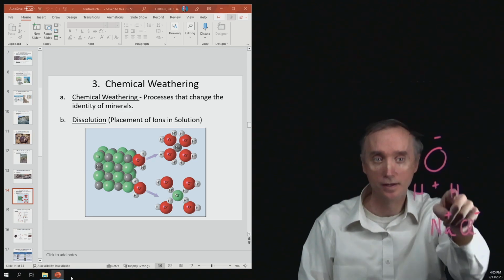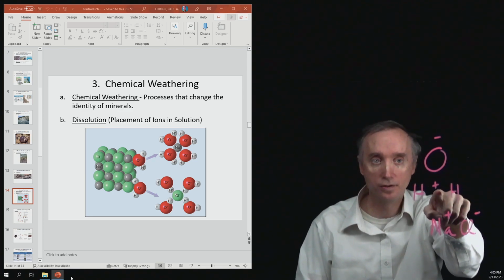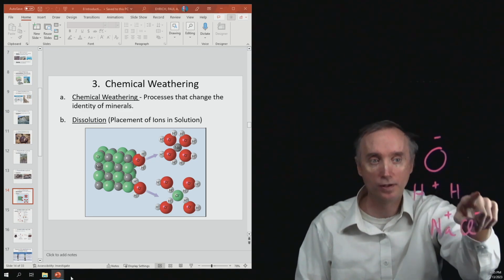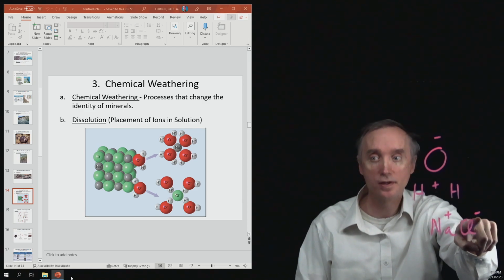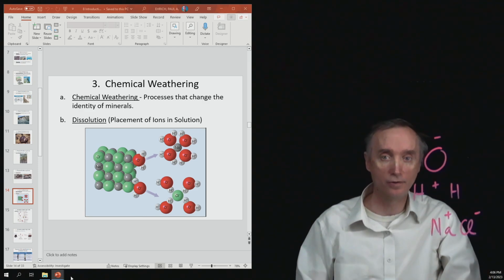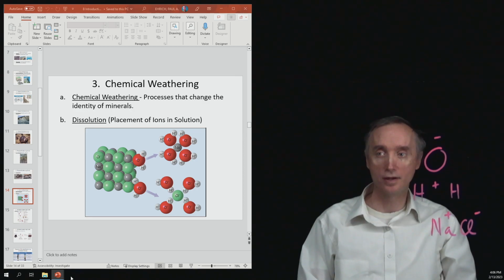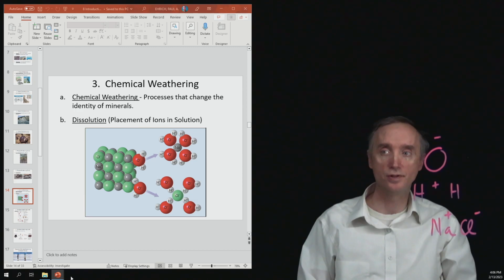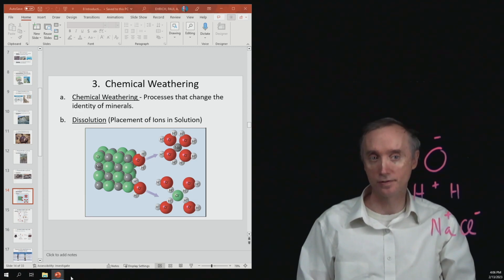Similarly, the positive end of the water molecule will be attracted to the negative chlorines, and they're going to pull them out of the salt crystal. So given enough time, water has the ability to dissolve certain substances.